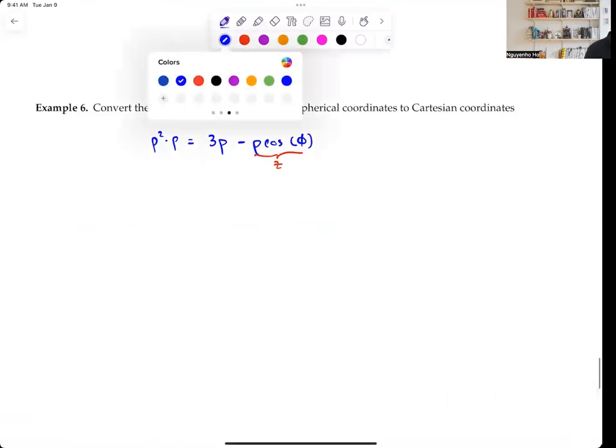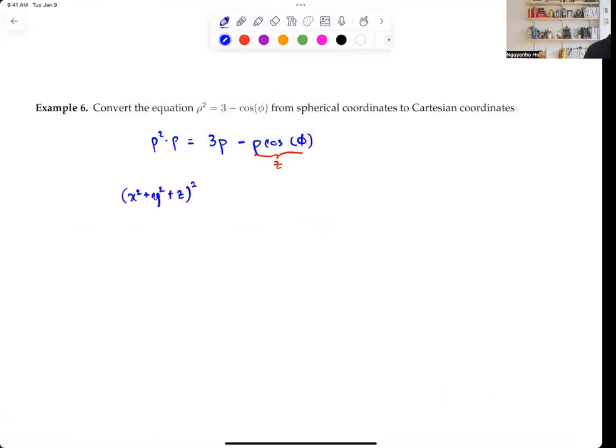So here you have x squared plus y squared plus z squared times the square root of x squared plus y squared plus z squared.